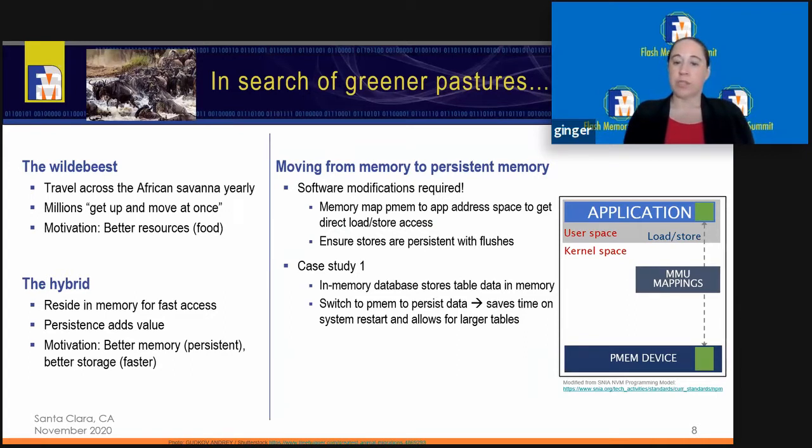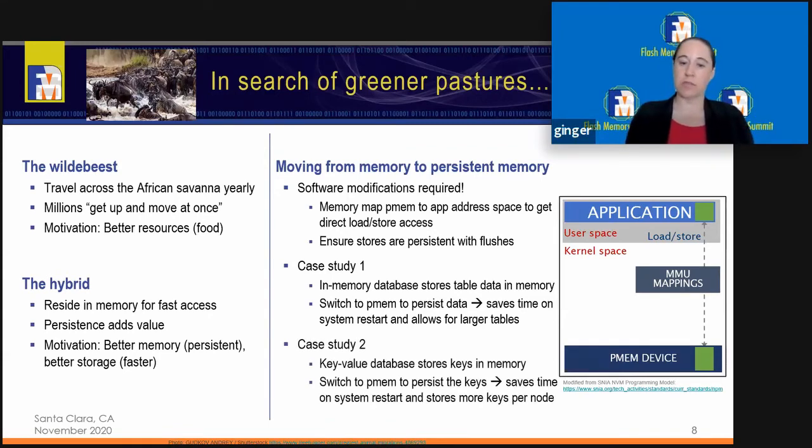When they switched that from memory to persistent memory, this allowed them to not only have larger tables, but also when they restart the system, the table's still there and they don't have to go through and rebuild that data like they did when they had their data in memory. So it's a savings in terms of time, and it also allows you to have larger tables in memory.